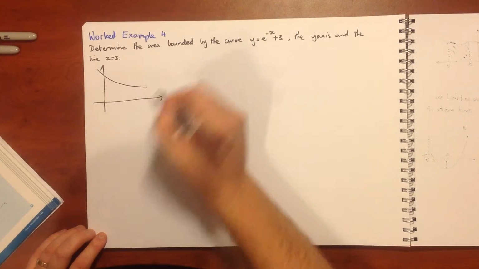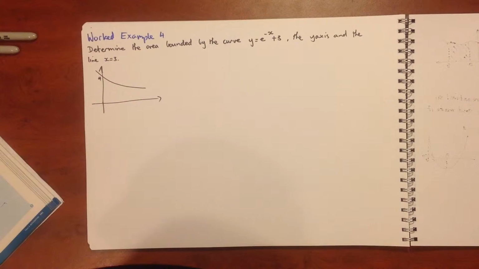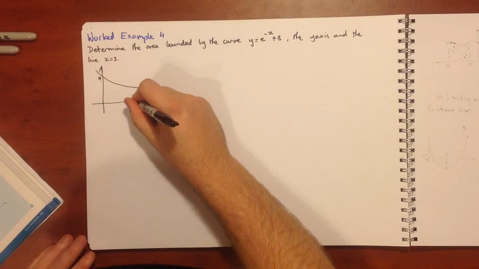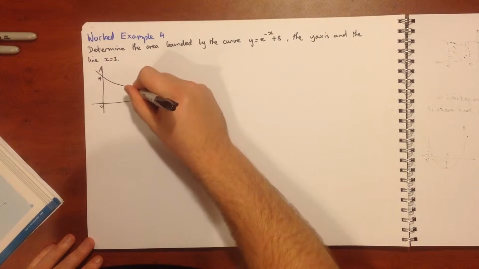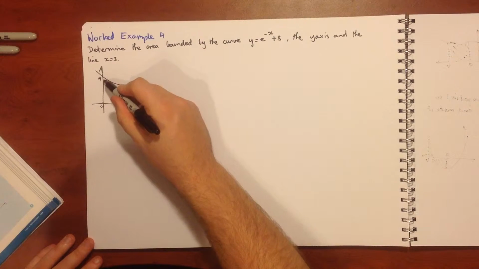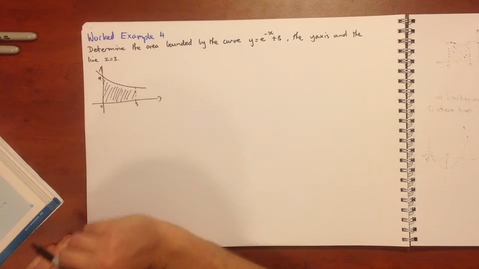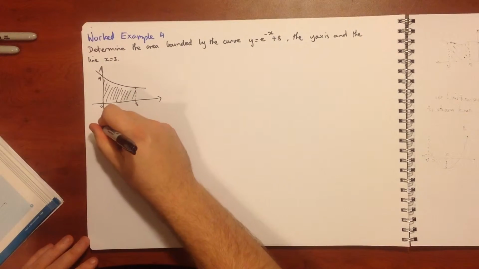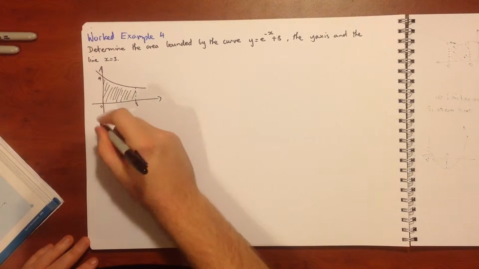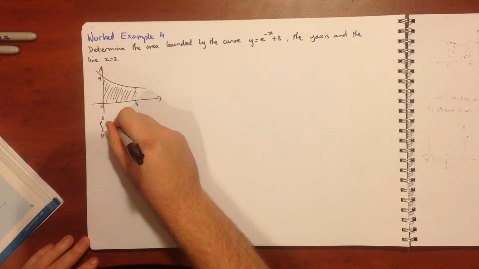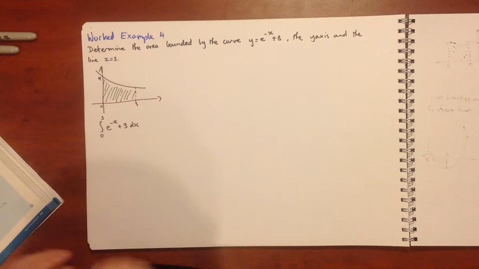We come down like that, it intersects at 4, though that's not really important, and we go through 0 and we go through 3. We're trying to find this area there. So we're going to integrate from 0 to 3 of e to the negative x plus 3 with respect to x.